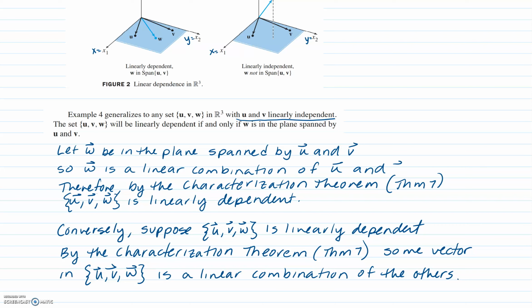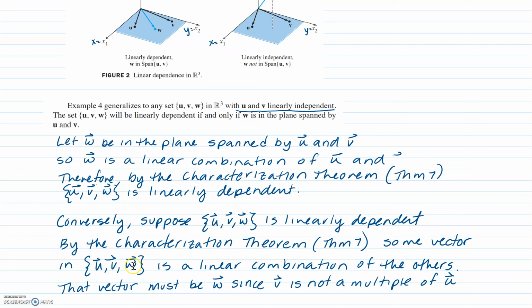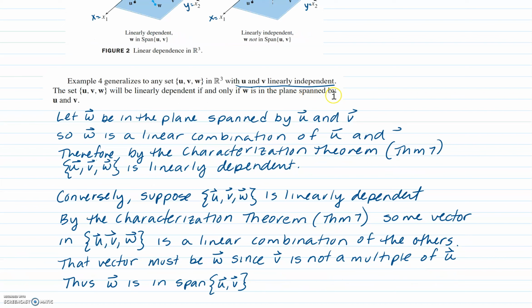If you remember, when U and V are linearly independent, two vectors, one of them is not a multiple of the other. And finally, if W is a linear combination of U and V, then it must be in the span, which is what we're trying to prove.